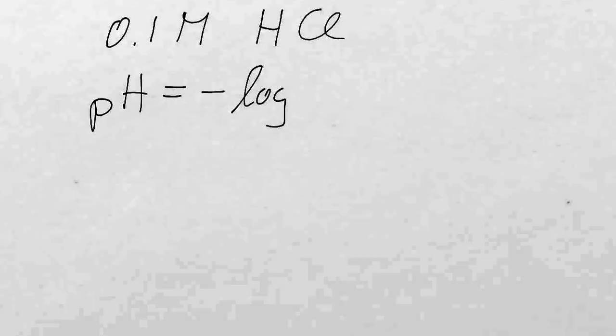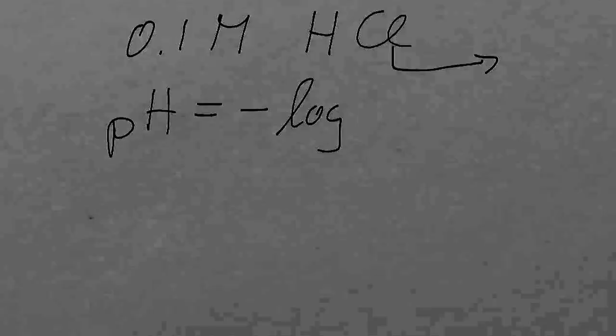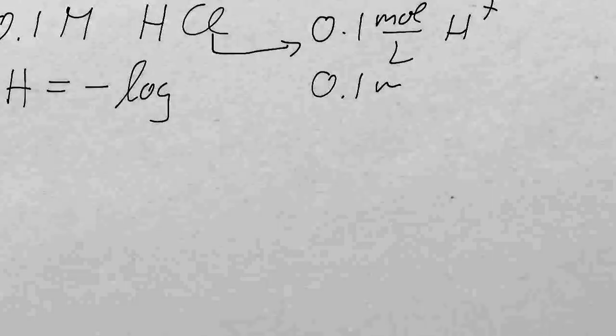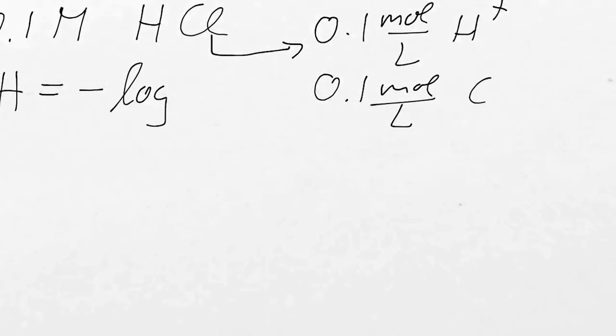Can we calculate the pH? pH equals minus log of, and we assume that the hydrochloric acid completely dissociates. So what we would get in this case is 0.1 mole per liter protons and 0.1 mole per liter chloride ions.